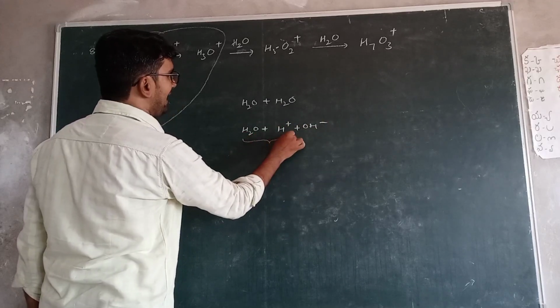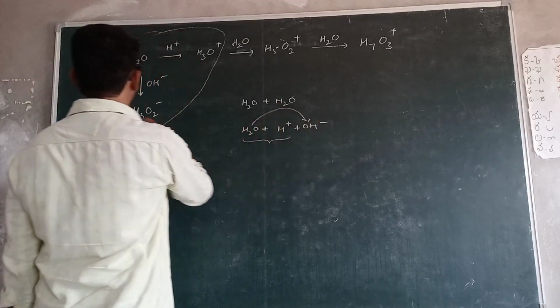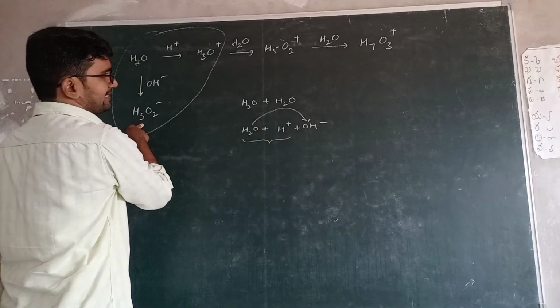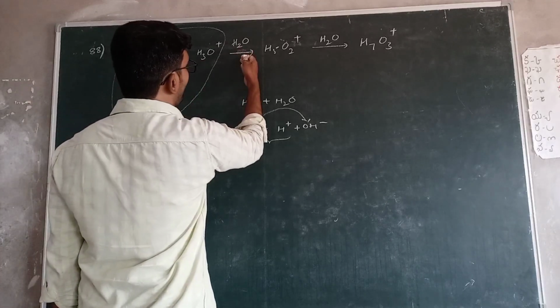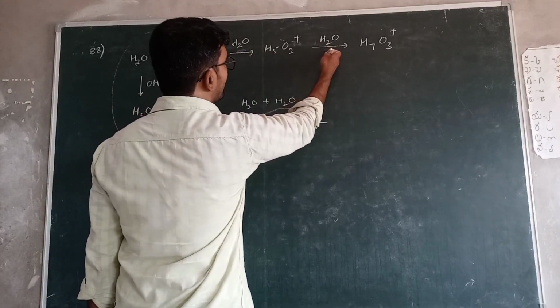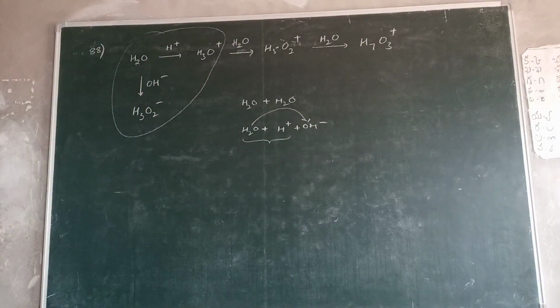If these two are added, it gives H3O plus. If these two are added, it gives H3O2 minus. Do you understand? Right? Again, you are adding one more water molecule, gives this one. Again, one more water molecule gives this one. Okay? Right. Up to 87, and 88 is completed.